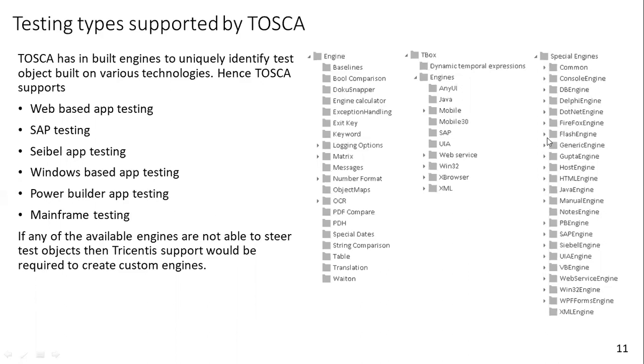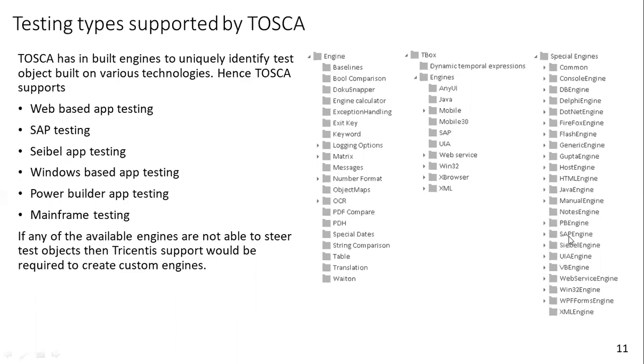These engines allow you to identify test objects of that particular technology. Here you can see the SAP engine. All the SAP test objects on the SAP application will be identified by this engine.